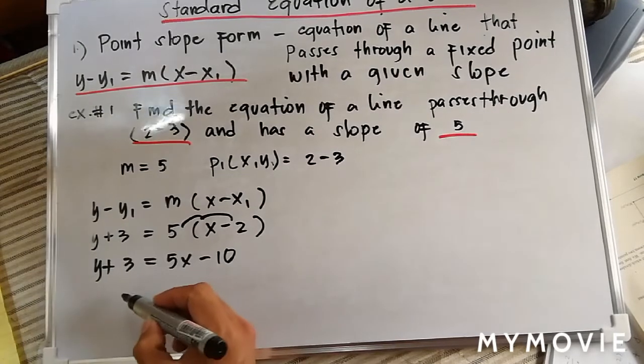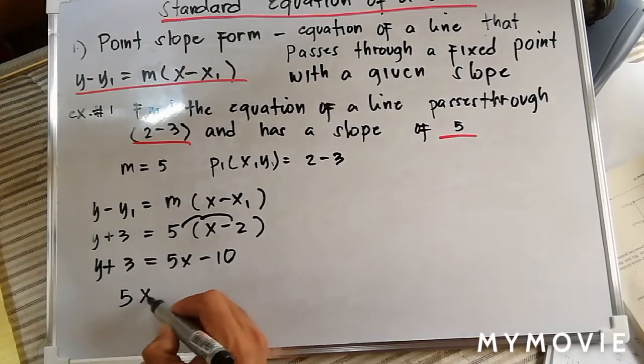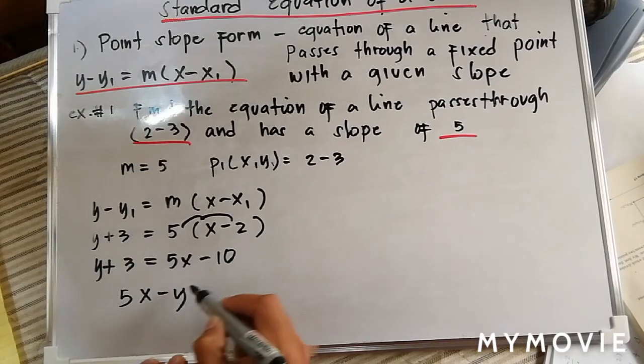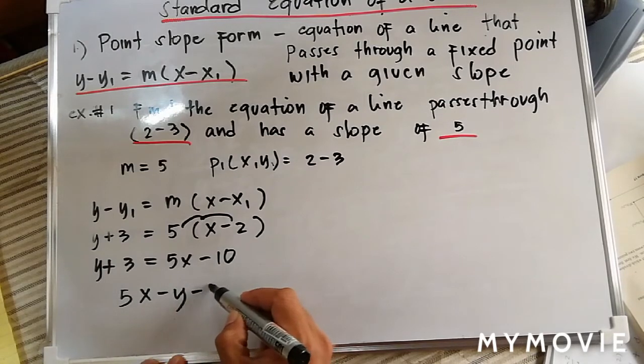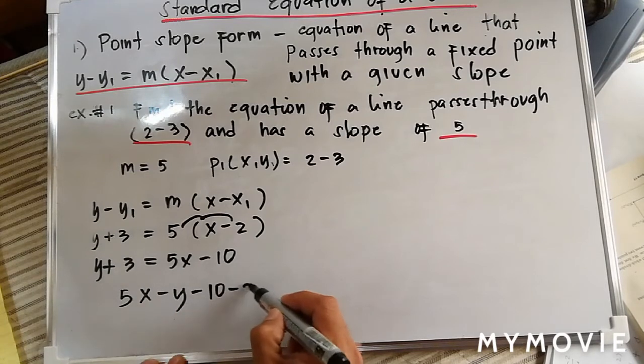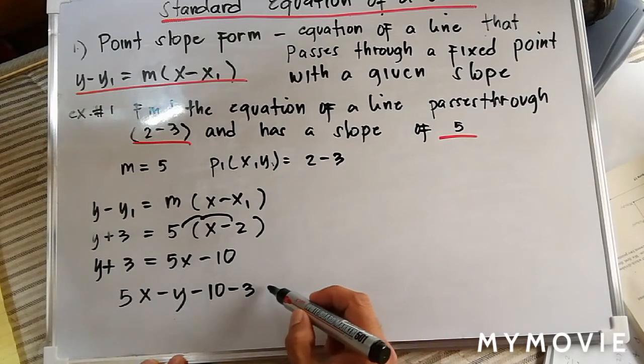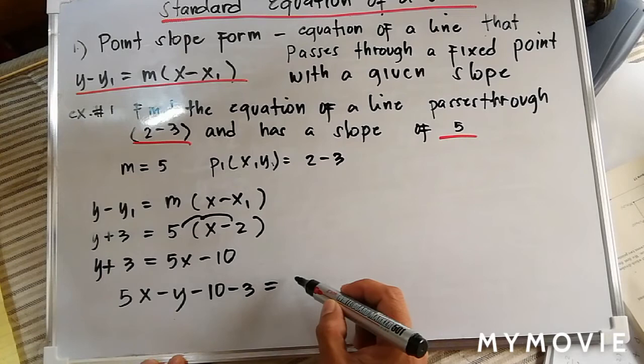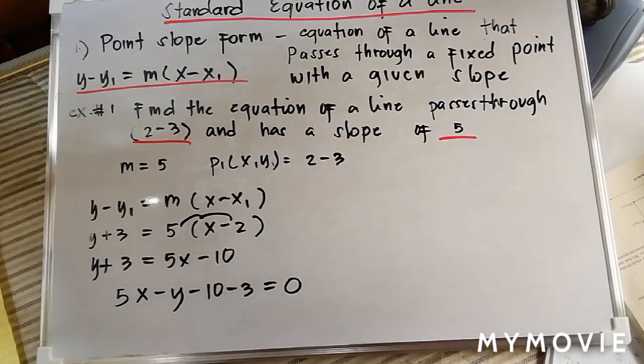So that will become 5x minus y, just copy 10, and then we're going to transpose the 3 to the right side, it will become negative 3. So we're going to equate it to 0 to become the standard equation.